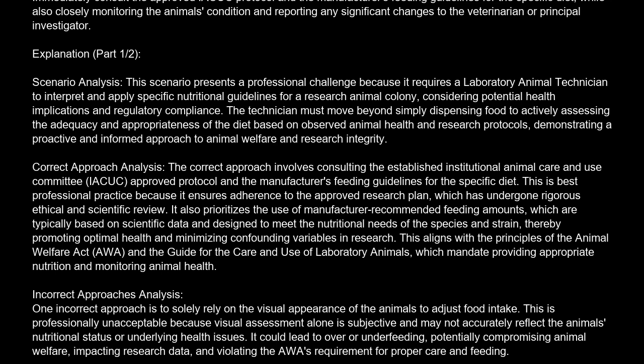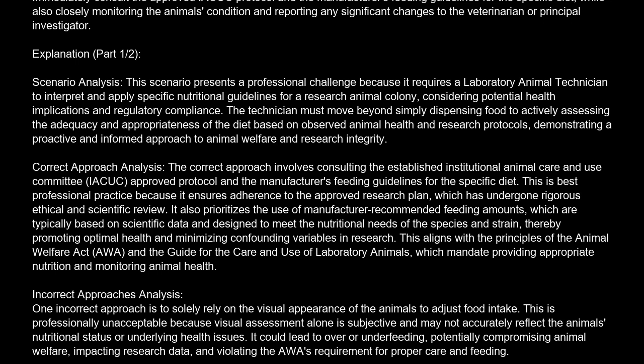It also prioritizes the use of manufacturer-recommended feeding amounts, which are typically based on scientific data and designed to meet the nutritional needs of the species and strain, thereby promoting optimal health and minimizing confounding variables in research. This aligns with the principles of the Animal Welfare Act, AWA, and the Guide for the Care and Use of Laboratory Animals, which mandate providing appropriate nutrition and monitoring animal health.